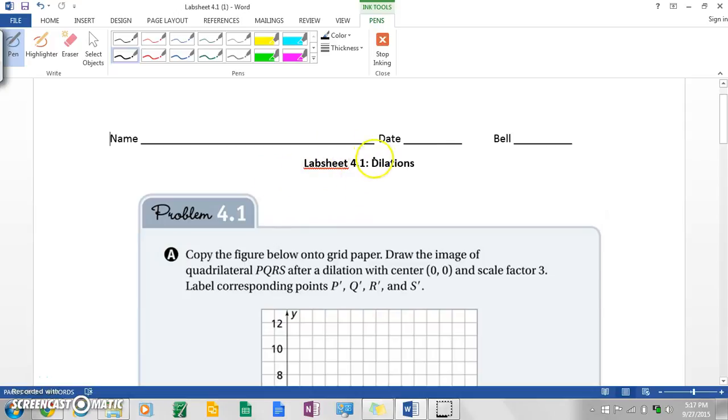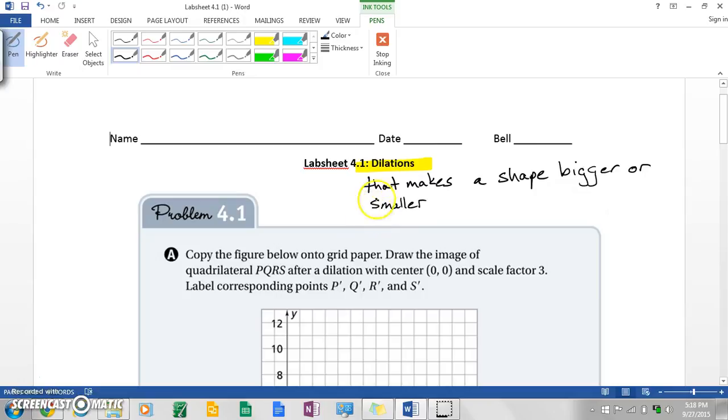Okay, today we're talking about problem 4.1 in Butterflies, Pinwheels, and Wallpaper, CMP3, working with dilations. Now dilations, if you remember, is a transformation that makes a shape bigger or smaller.